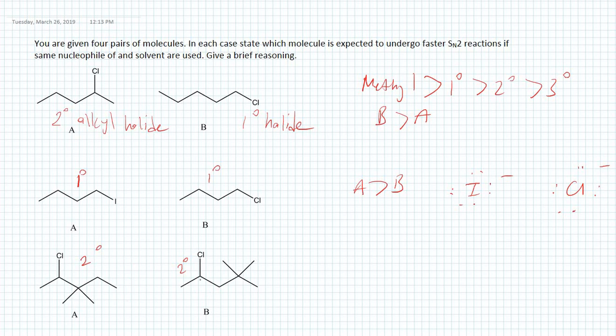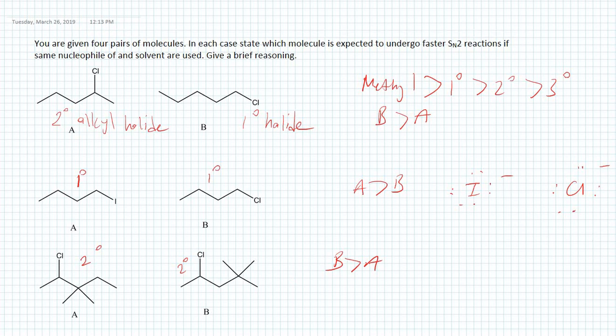So we expect that B is going to react faster than A, even though they are both secondary, because in case A we have a bulkier group near the carbon which is going to be attacked by the nucleophile.